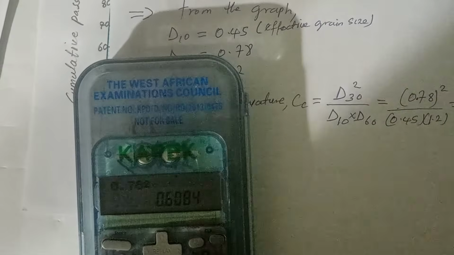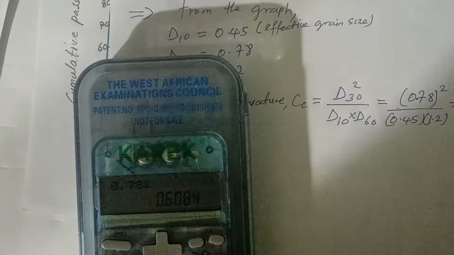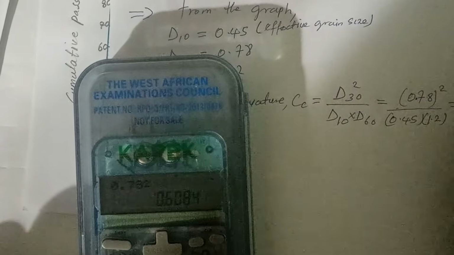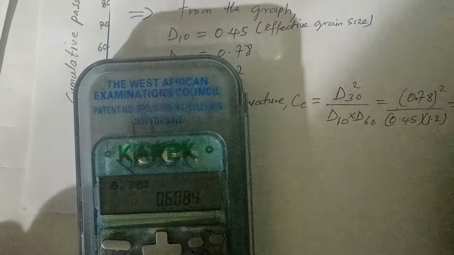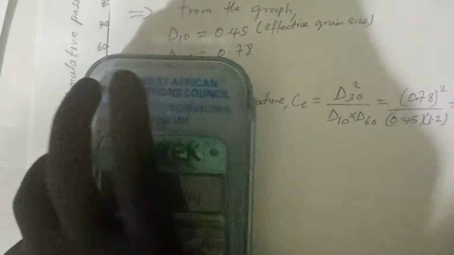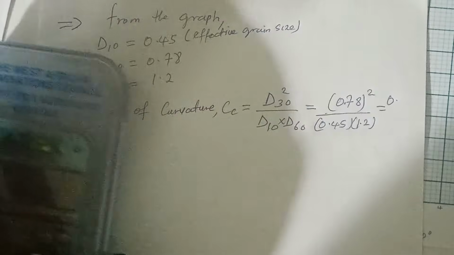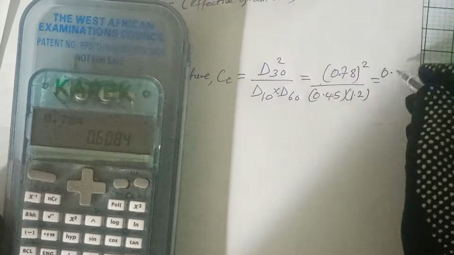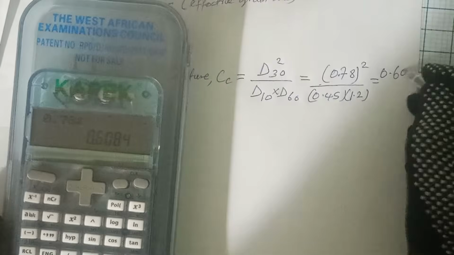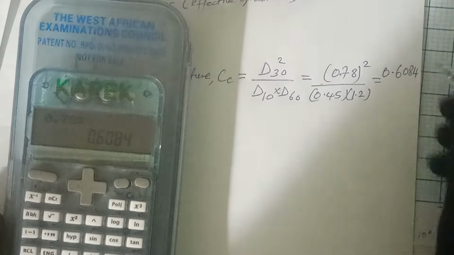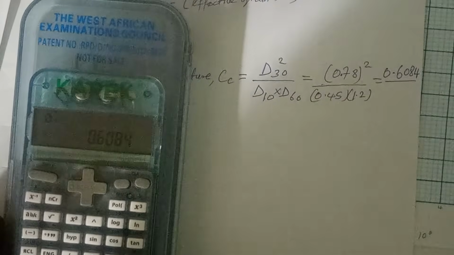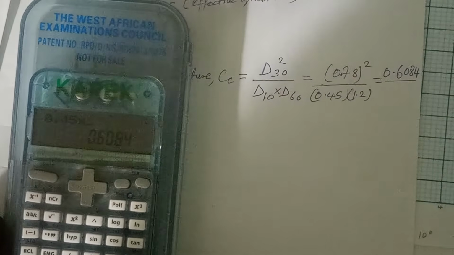It's going to give us 0.6084 over 0.45 times 1.2.